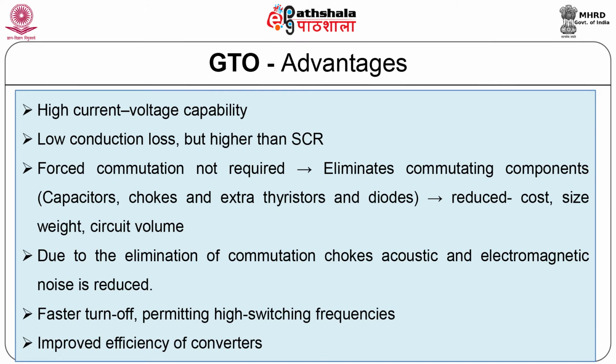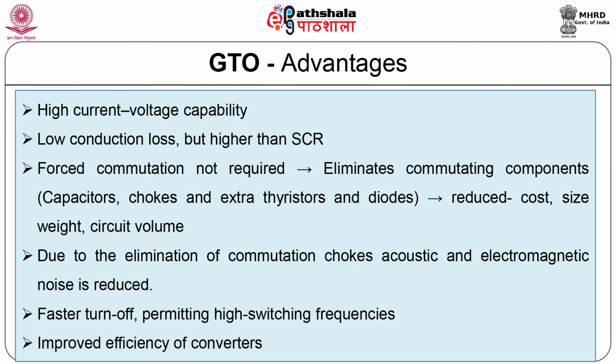Advantages of the GTO: it has high current and voltage capability. It has low conduction loss, but higher than SCR. Force commutation circuit is not required because of turn off capability.